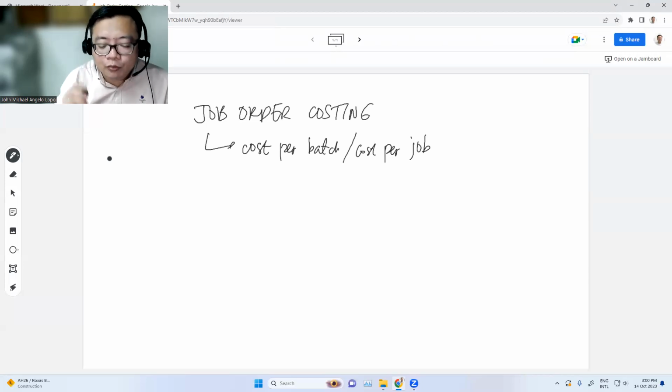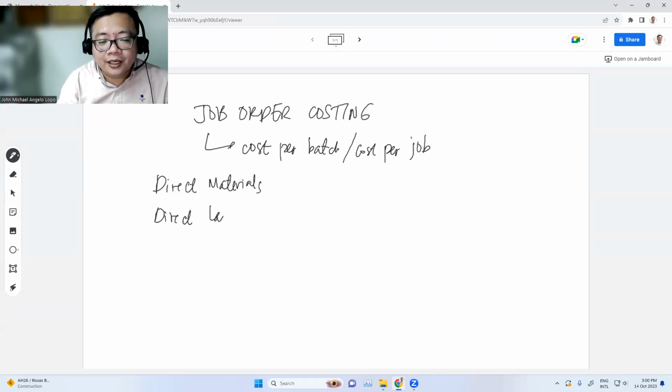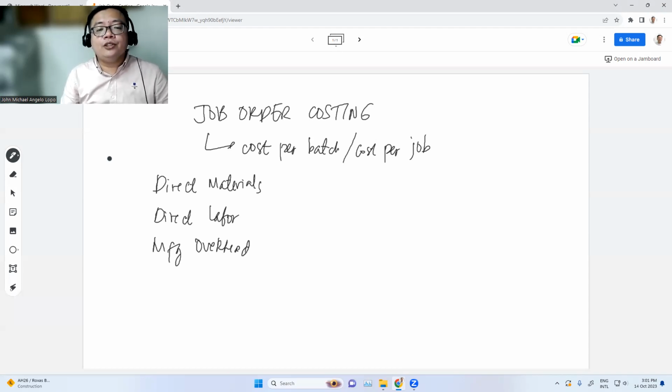Umiikot lang tayo class to this discussion sa ating tinatawag na direct materials. You have your direct materials, you have your direct labor, and you have your manufacturing overhead. So, diyan tayo class umiikot, particularly in terms of your cost accounting.